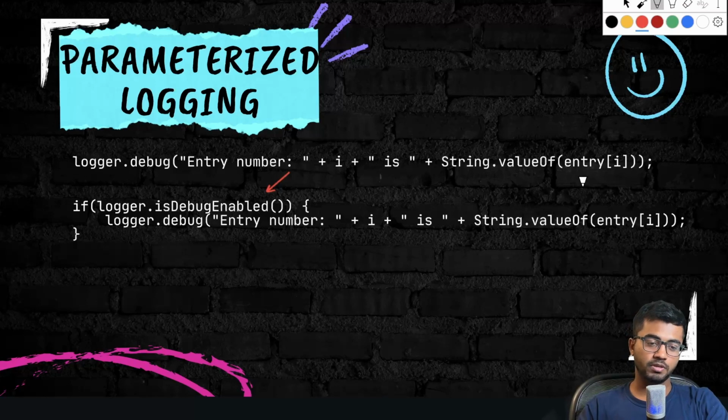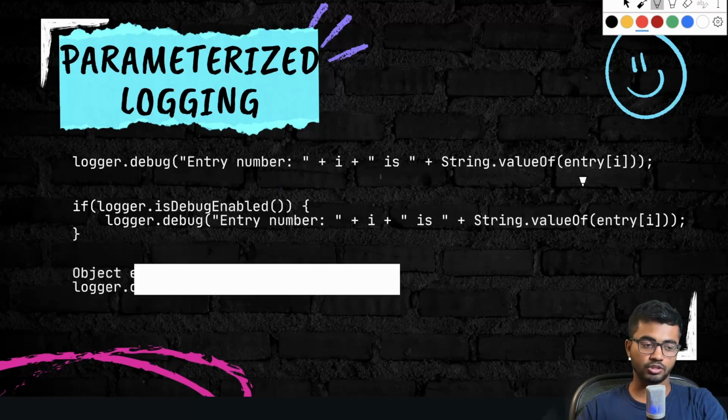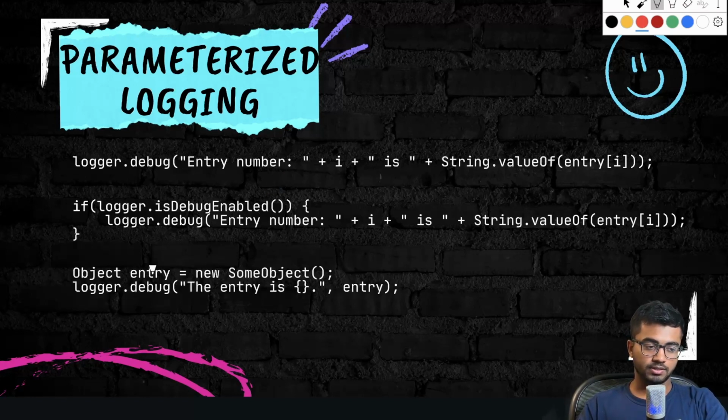So there should be a hybrid approach that helps us identify that, in case of debug enabled or not enabled, I should not use double computations or waste some computation. And that is where parameterized logging comes into the picture. So look at this: object entry with a new someday.